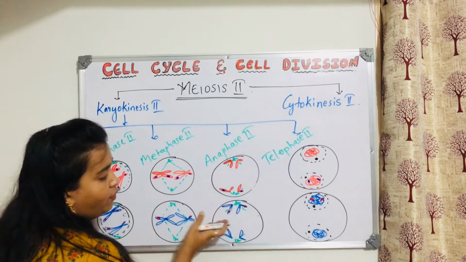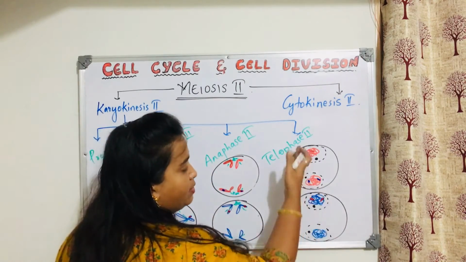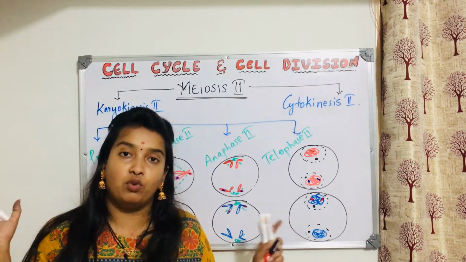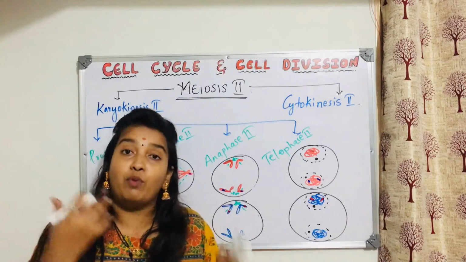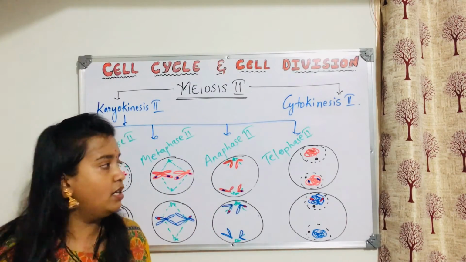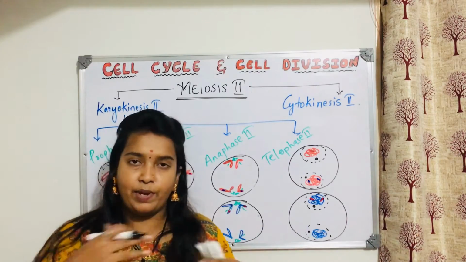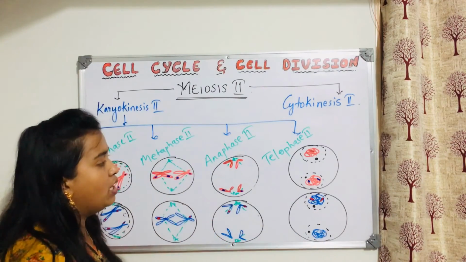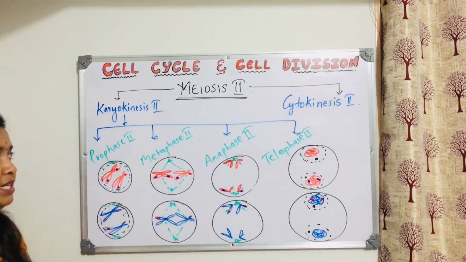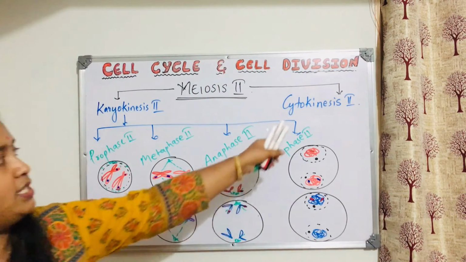You will not see spindle fiber in telophase 2. Why? Because in prophase 2, spindle fiber formation was done. So in telophase 2, the spindle fiber will be removed. Finally, so this is telophase 2. Fine, please take down this much, and then we will discuss cytokinesis.